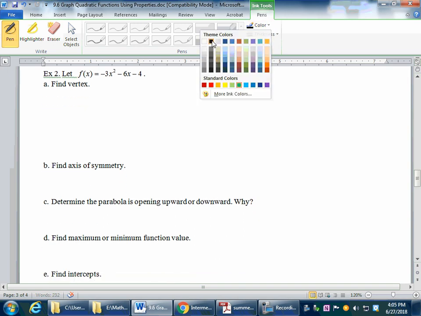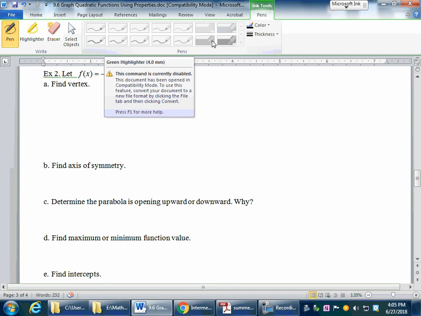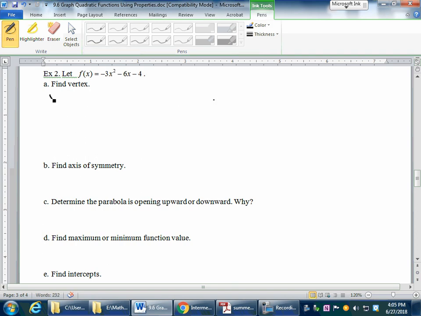So let's find the vertex. In this case, the x coordinate of the vertex, the formula is h equals minus b over 2a. In this case, it will be negative b, which is -6, over 2 times a, which is -3. So again, this will give me -1 after we simplify.